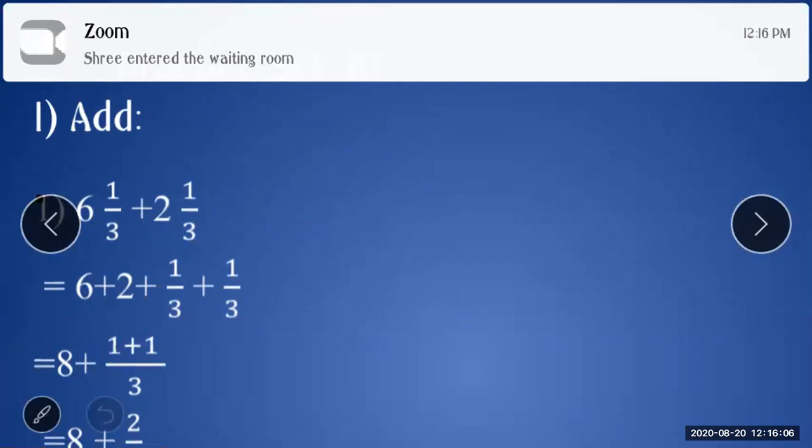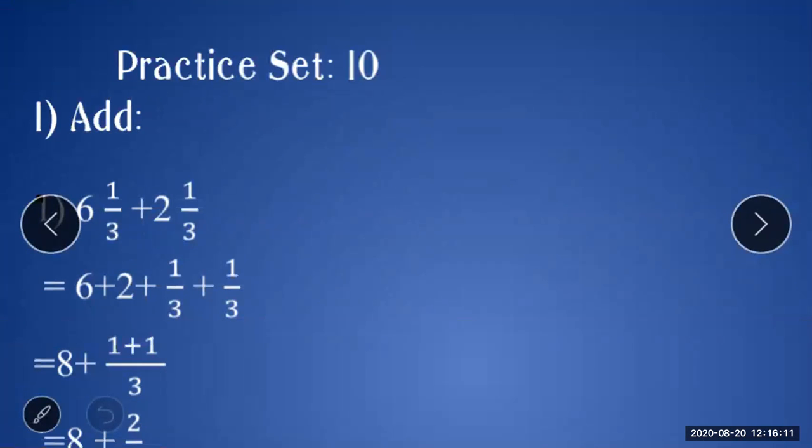Now here what you have to do, as I have explained, is add the integral part first and then the fractional part. Now here you add 6 plus 2, plus 1 upon 3 plus 1 upon 3. 6 plus 2 becomes 8, and here there is already a common denominator, 3 and 3 downward.